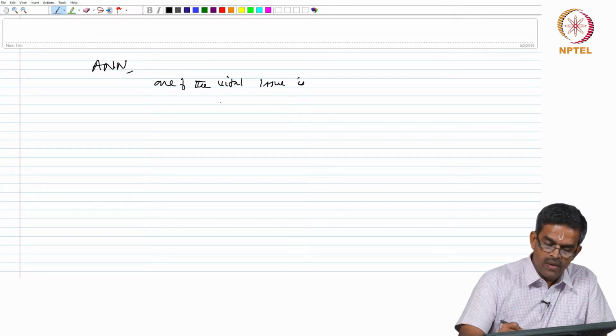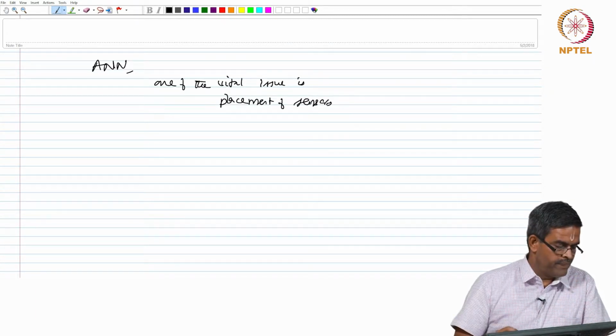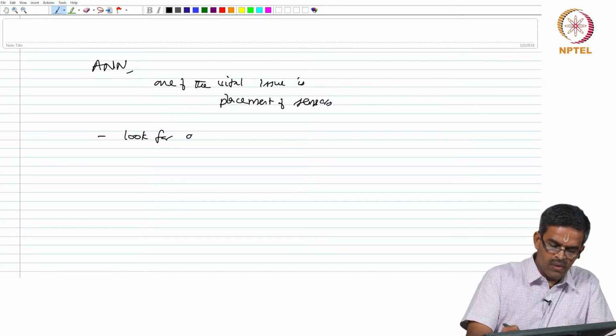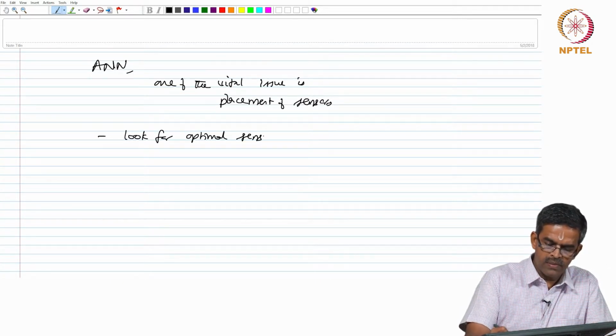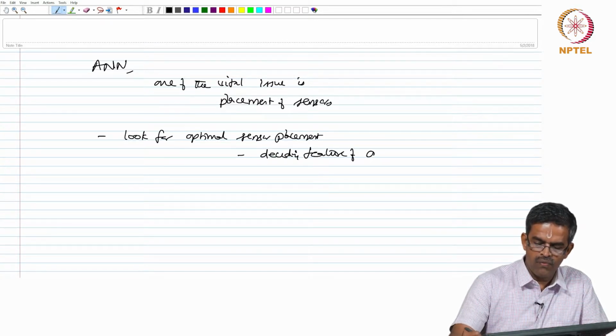In artificial neural network, one of the vital issues is placement of sensors. So, one needs to actually look for an optimal sensor placement, because that is the deciding feature of successful damage detection, is it not?